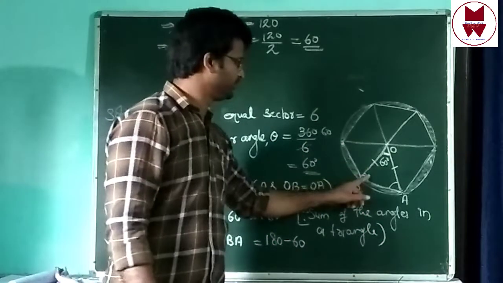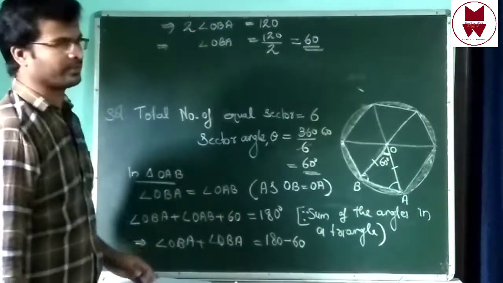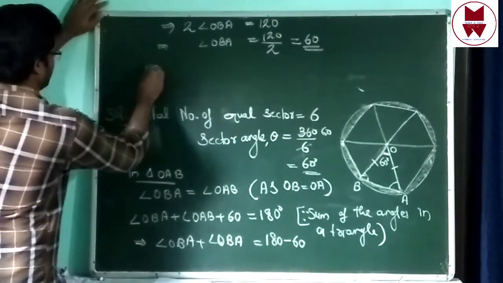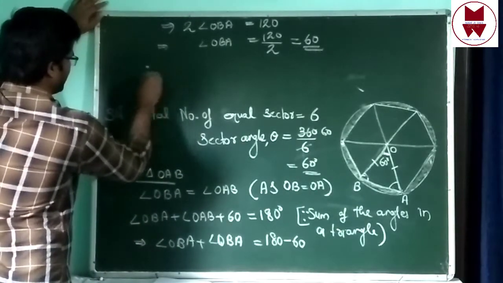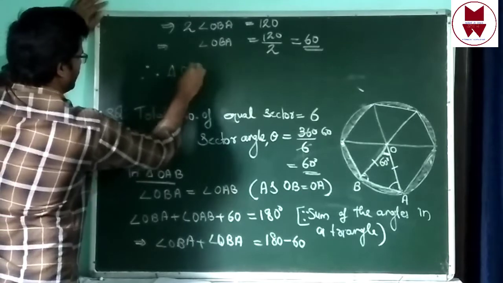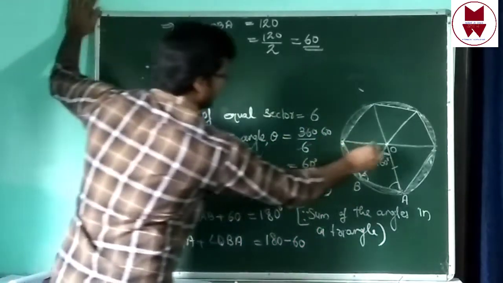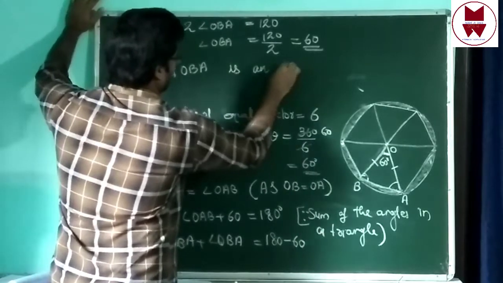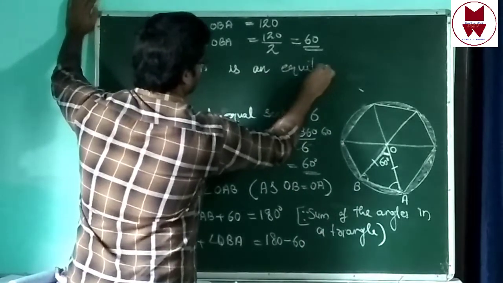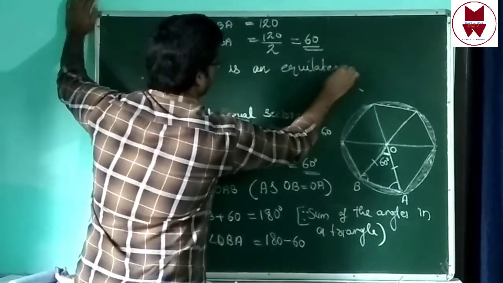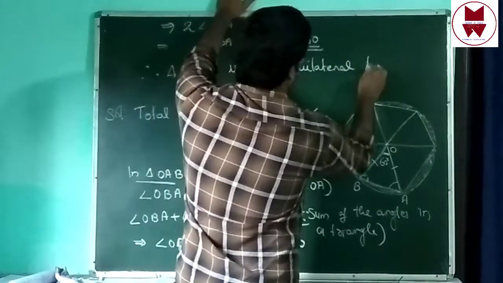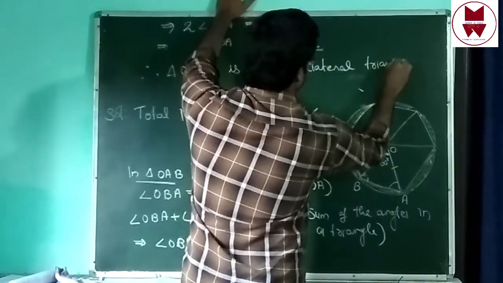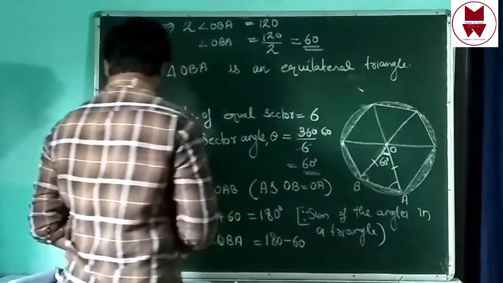Here 60, these two angles also 60. All the angles are equal, therefore this triangle OBA is an equilateral triangle.